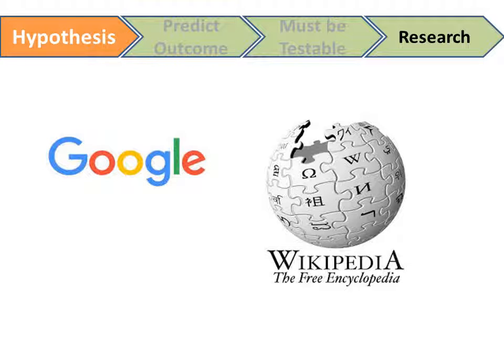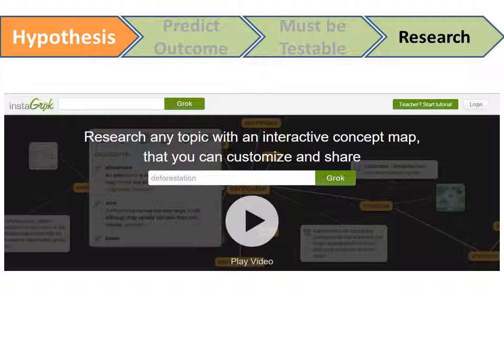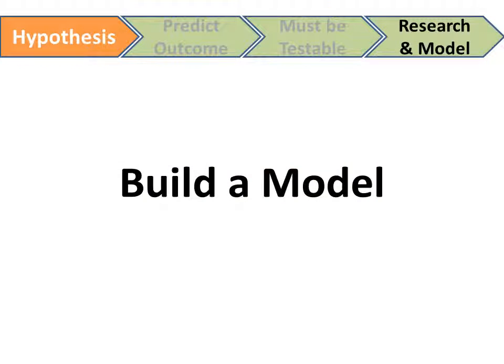The generic ones, like Google and Wikipedia, you likely know and use routinely. They are easy to access and use, but they don't always yield results that are equally easy to understand and apply. Instead, you may want to use research tools that are designed specifically for education, like Instagraph. These filter and structure results to make them easier to use in the classroom.